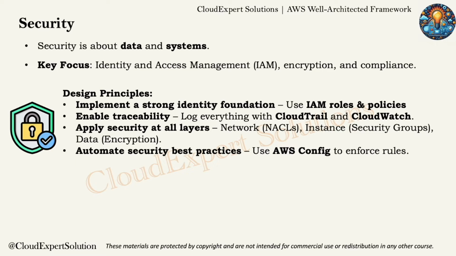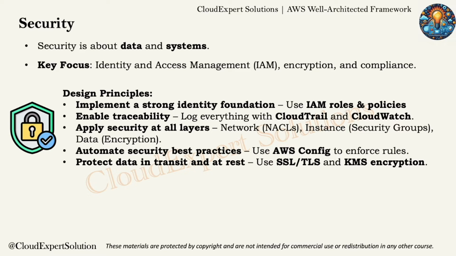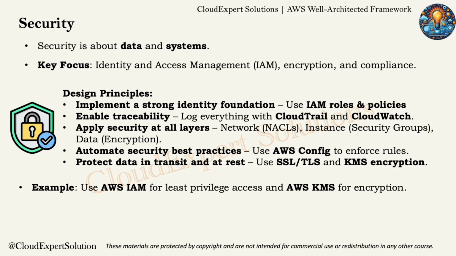Use AWS Config to enforce rules and track security policies. Last but not least, protect data in transit and at rest. You should use SSL or TLS for in-transit encryption and use KMS encryption for encrypting data at rest. As an example, you can use IAM for least privilege access and AWS KMS for encryption.